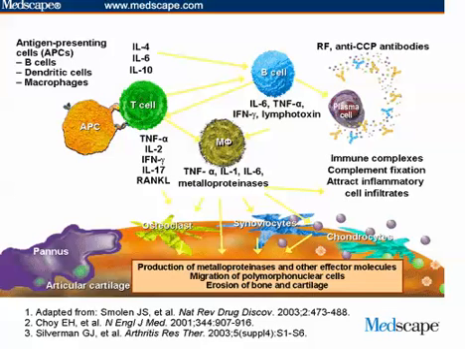Receptor activator of nuclear factor kappa-B ligand, or RANKL, is expressed by T cells, and when RANKL binds to its receptor on osteoclast precursor cells, RANKL activates osteoclasts to resorb bone. TNF-alpha and interleukin-1 promote differentiation of osteoclasts into potent lytic cells.